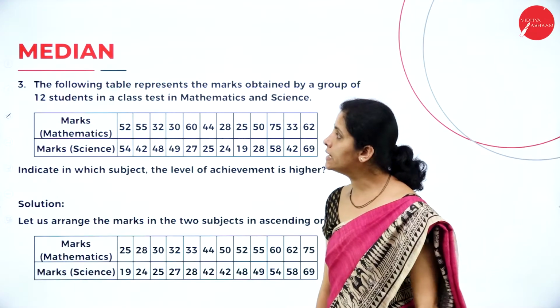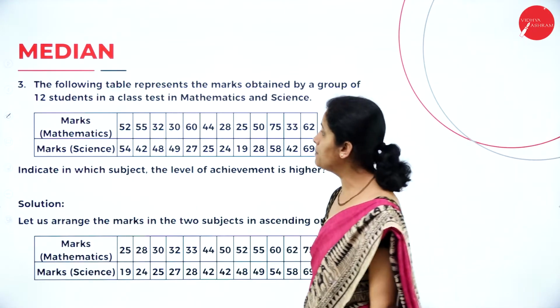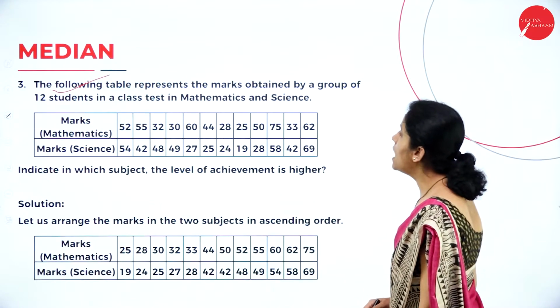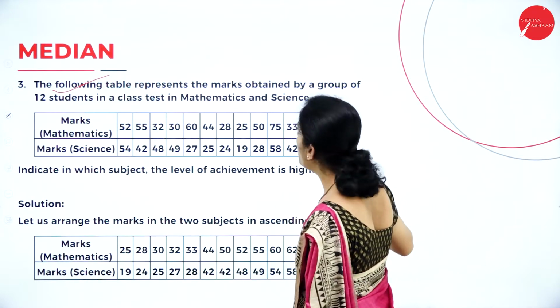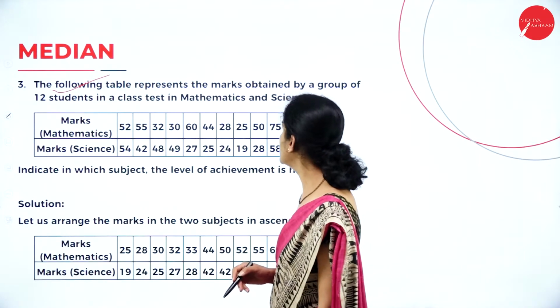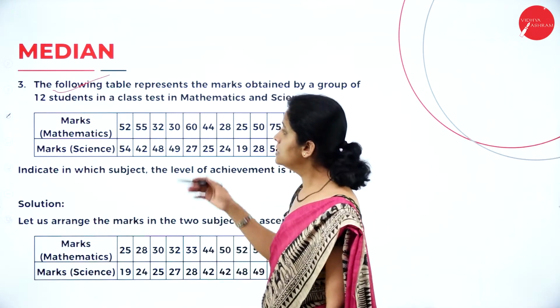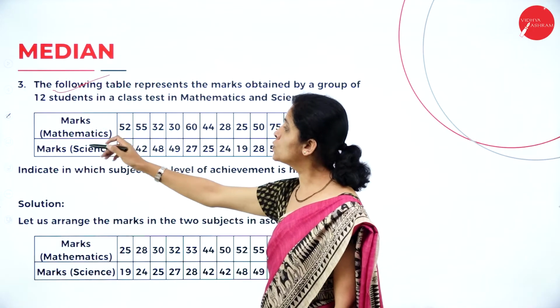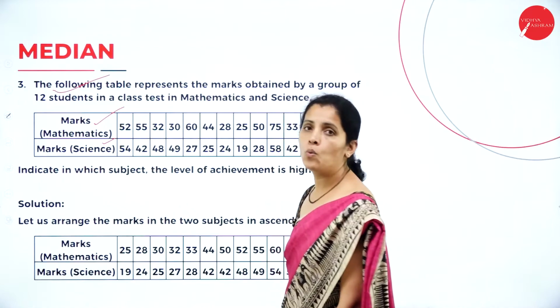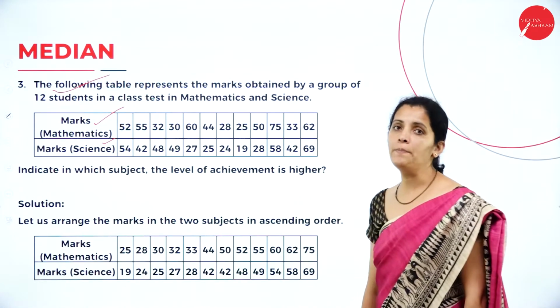Anyway, dear student, let me consider another example here. The following table represents the marks obtained by a group of 12 students in a class test in mathematics and science. See here, I have two rows, one for mathematics and one for science. Now I want to find the median.